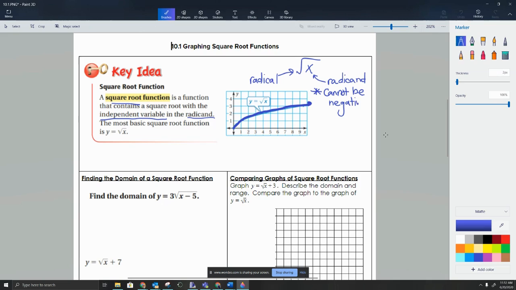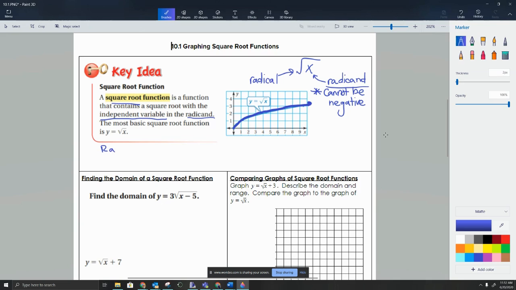The important thing to remember here is that the entire value of that radicand cannot be negative, but you could have an expression in there where you put a negative number in and it winds up being positive, and that's okay. So the radicand can never be negative.